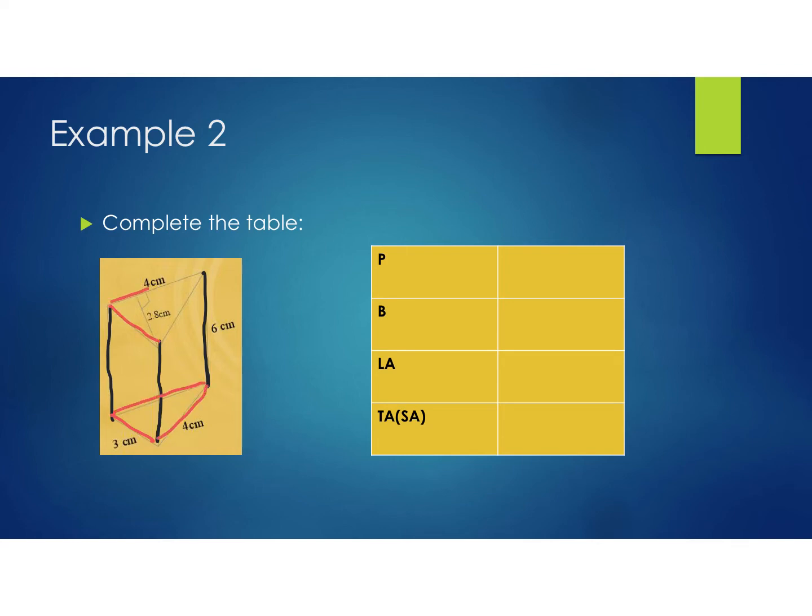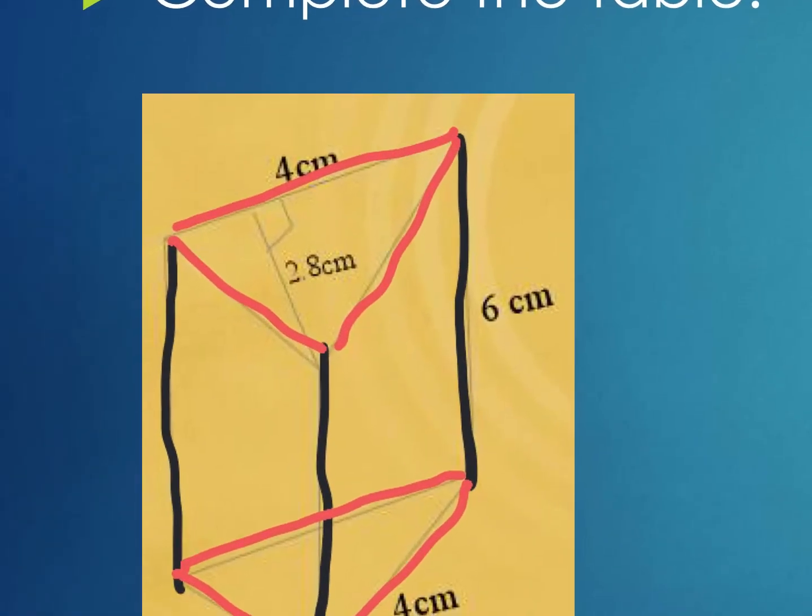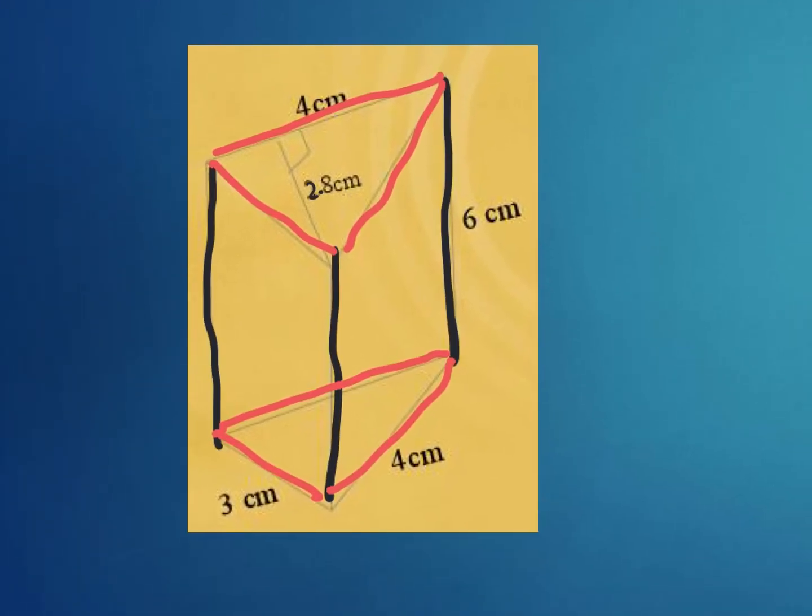It's what I have two of. Now, this right in here is a 2.8 for the height of this triangle. And I can say that this is 3, this is 4, because remember, the 2 triangles are congruent. So the top and the bottom are 2 congruent triangles. The 6 over here is the height of my prism.